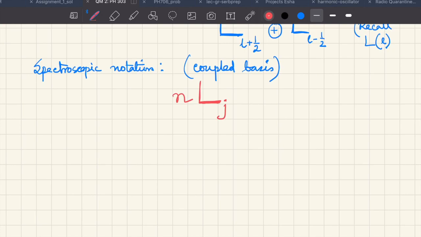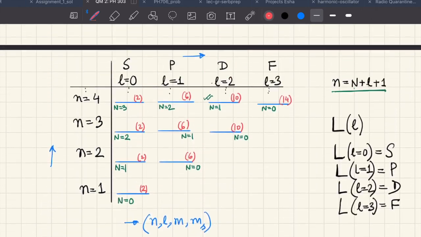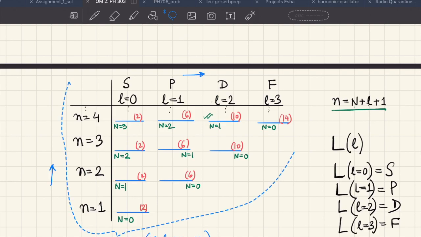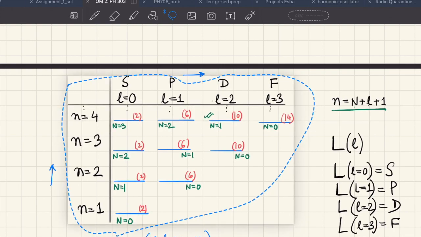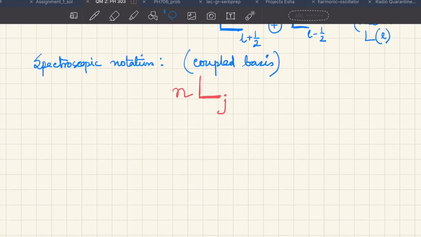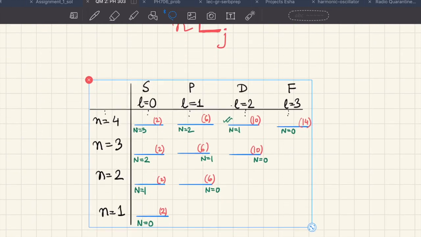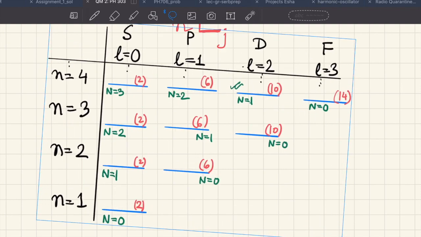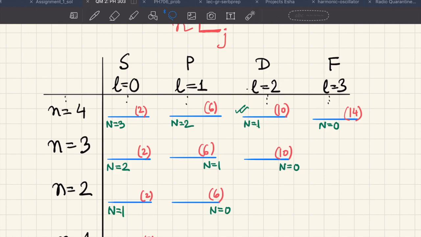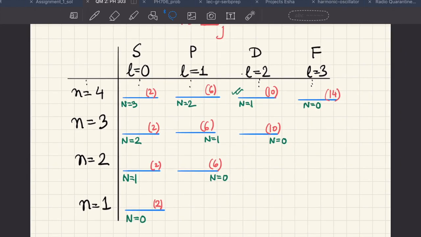Why is it like that? To understand that, let me first go back to this table and let me copy paste this again. So let us look at this table carefully.